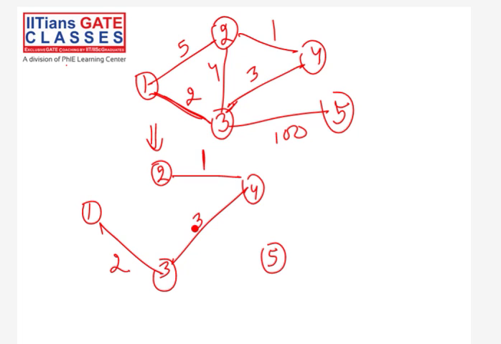Now I would try to add 100. See, between 3 to 5 there is only a single edge. I don't have any option but to include this edge in the MST. Is this example clear to everyone?